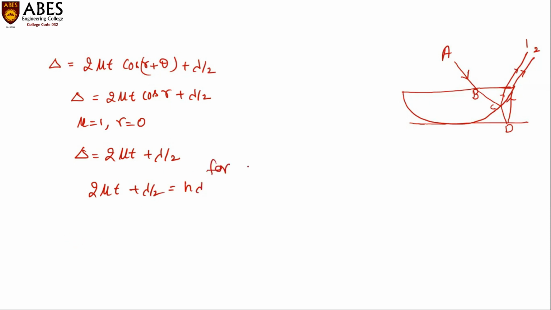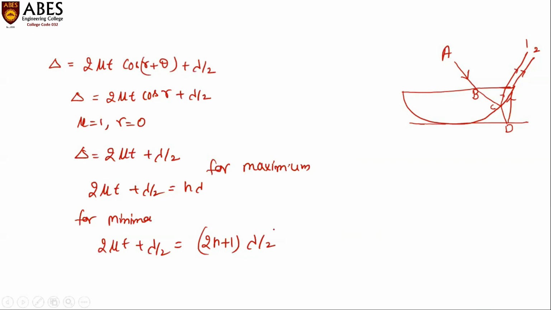For minima, 2 mu t plus lambda by 2 is equal to 2n plus 1 lambda by 2. By using this, we can calculate the diameter of the dark and bright fringes.